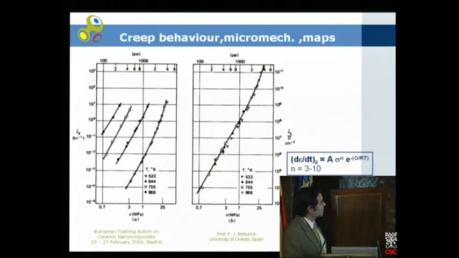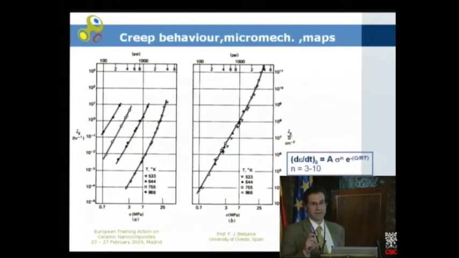Here are, for example, some results in which you can see the strain rate plotted against the applied stress at different temperatures. You can see here that, for example, if we take this curve and increase the stress from 3 to 6, there is an increase in the strain rate of 1 order of magnitude.